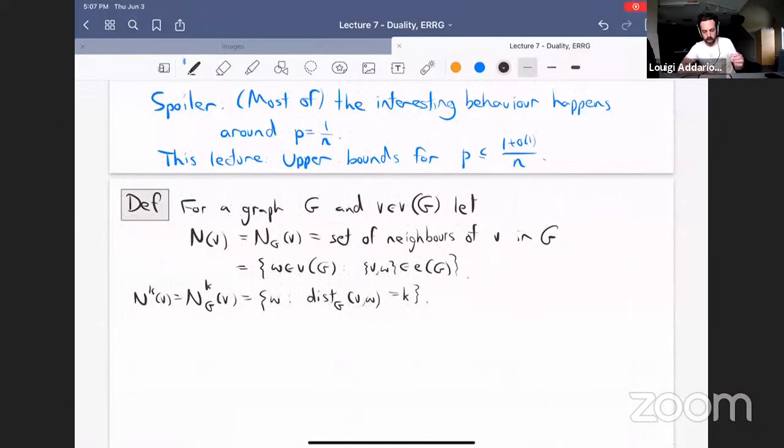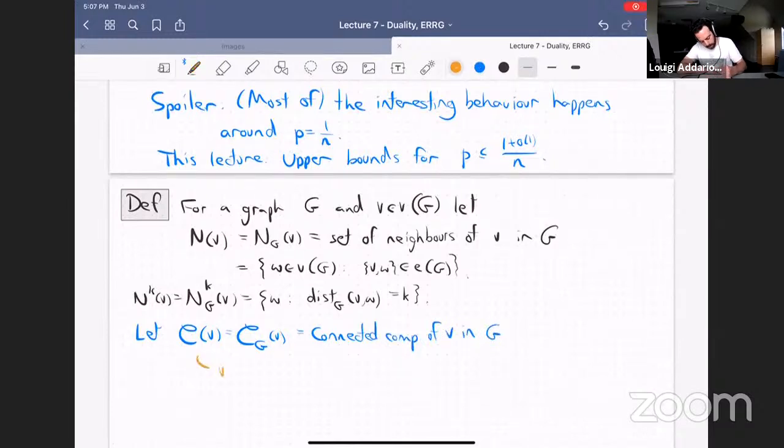And then I'll let C(v) or C_G(v) be the connected component of v in G. So it has vertices, just everything that's at finite distance from v in the graph. That's the union over k at least 0 of N_k(v).